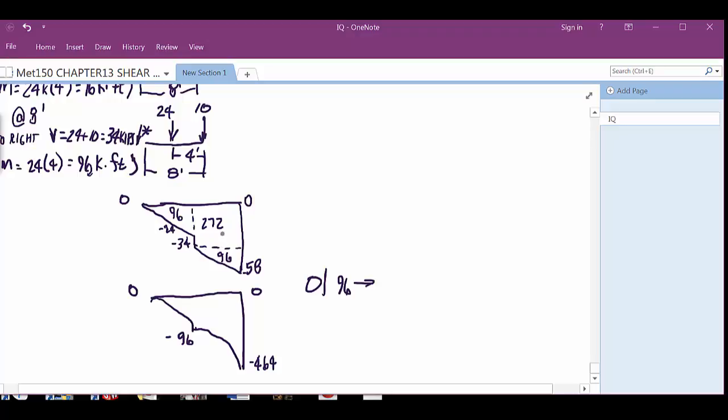So it's 96, plus a negative 272, minus 96. And then that should equal negative 464. Okay? And they're arcs because they're evenly distributed loads.